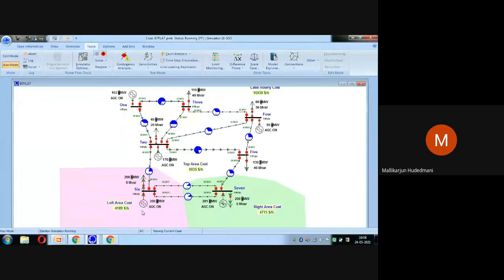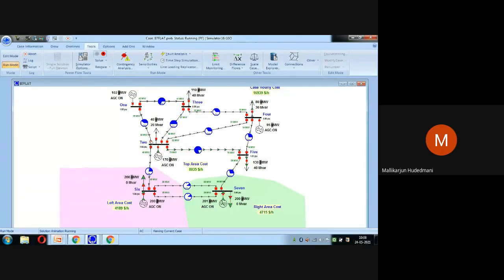In that respect, the automatic generation controller keeps changing the set point of the generator till the ACE of that area becomes 0. From the pink area perspective, it is pumping power towards the green and borrowing power from the white area, so it is keeping the balance.